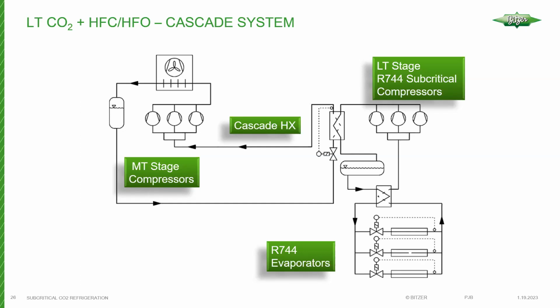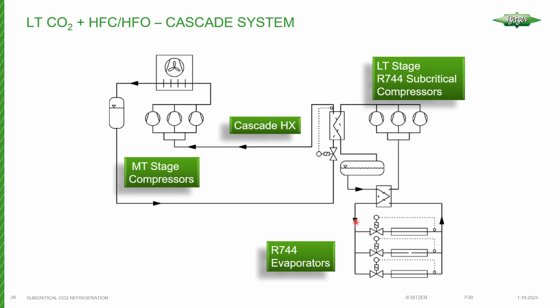And these two circuits are coupled by a heat exchanger. So what we're doing here is something similar, except we have a compressorized CO2 circuit to serve the low temp. Here are our compressors that discharge the heat into this heat exchanger, recondensing the refrigerant. The liquid travels to the receiver.